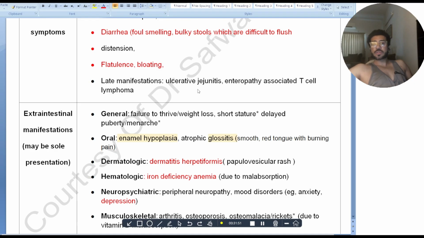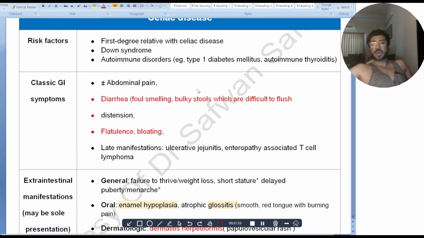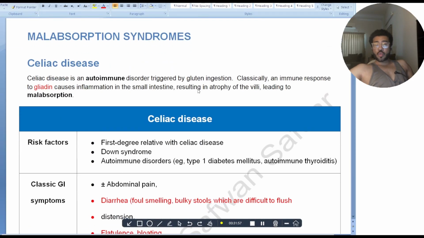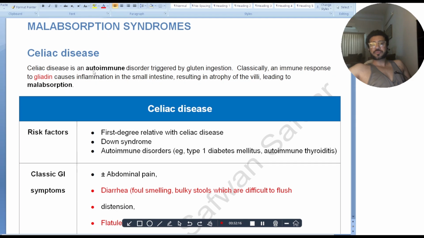This is going to be asked in a question where they give you a presentation of celiac disease and ask what is the next best step. They're going to give you options: biopsy of duodenum, biopsy of proximal jejunum, biopsy of distal jejunum. You're going to select biopsy of proximal jejunum because that is where celiac disease can be identified.